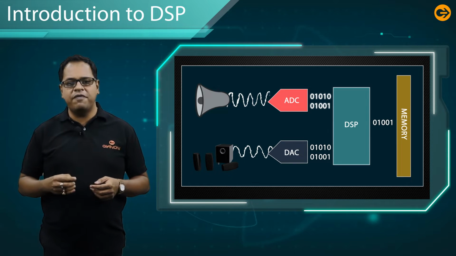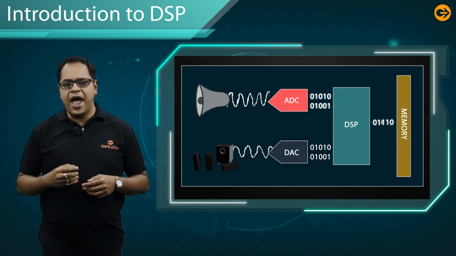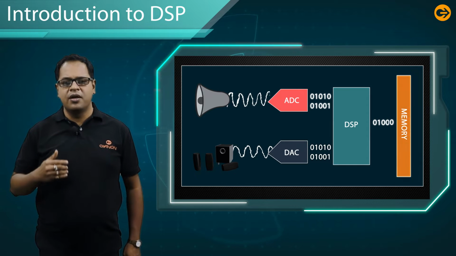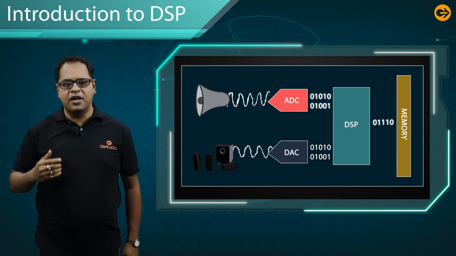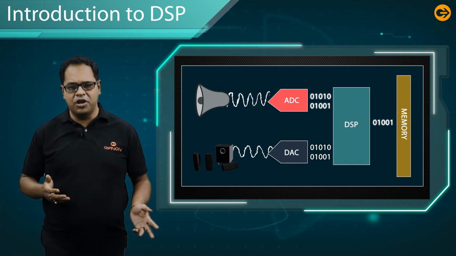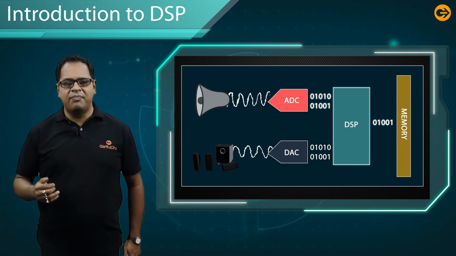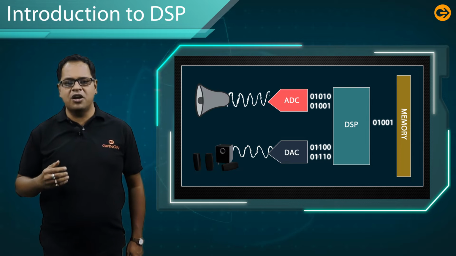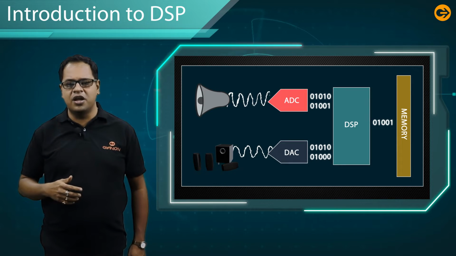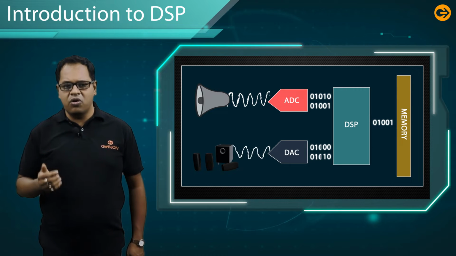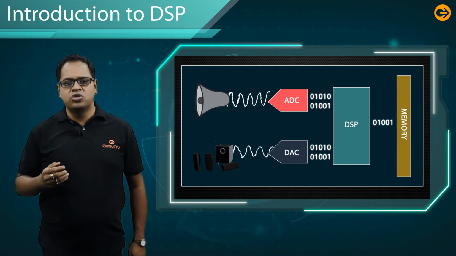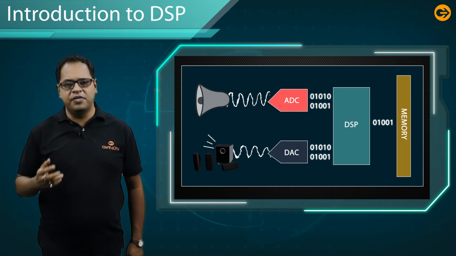The DSP performs the MP3 encoding and saves the file to the memory. During the playback phase, the file is taken from memory, decoded by the DSP and then converted back to an analog signal through the digital to analog converter, so it can be output through the speaker system.